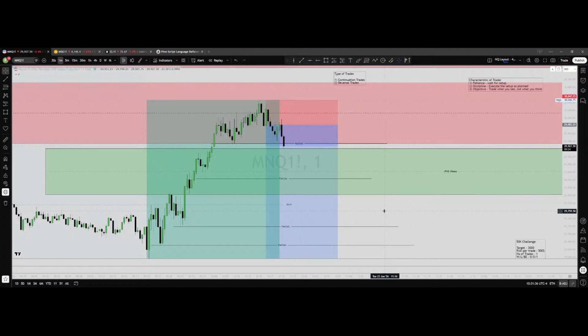Okay, anybody who wants to take partials can take partials here. So the first partials would be around 50 points. 50 points first partials. I'm just going to write here.